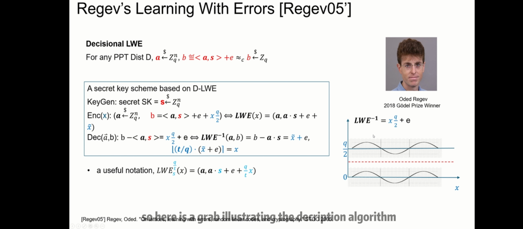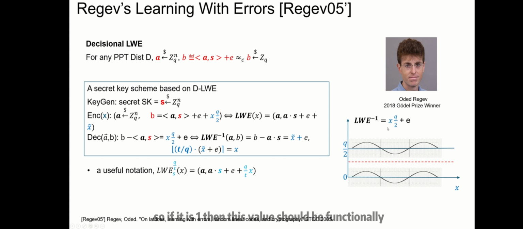Here is a graph illustrating the decryption algorithm. By performing the linear operation, we get the inverse LWE as X times the scaling factor, that is, q over 2, plus the small error term E. Now suppose this message is just 1 bit of information, either 0 or 1.